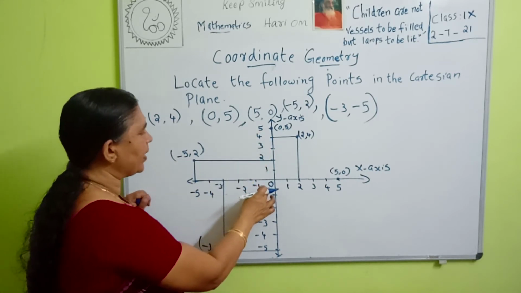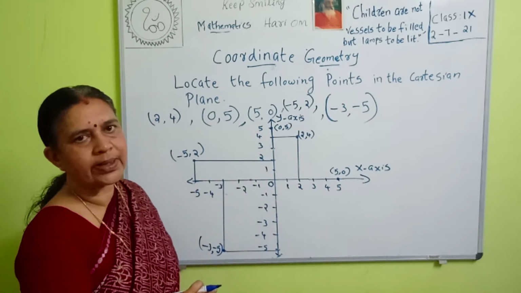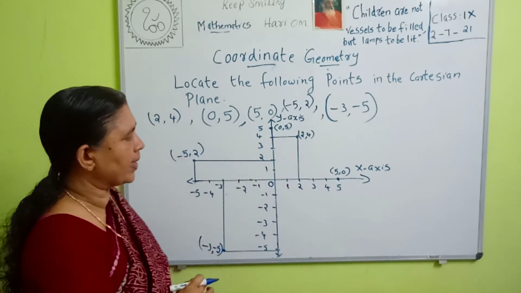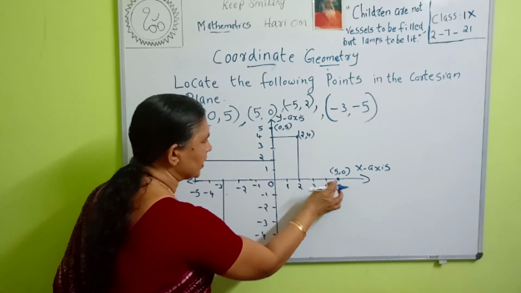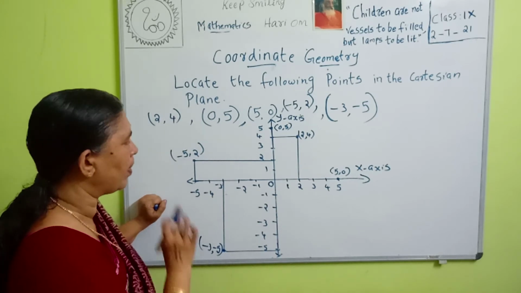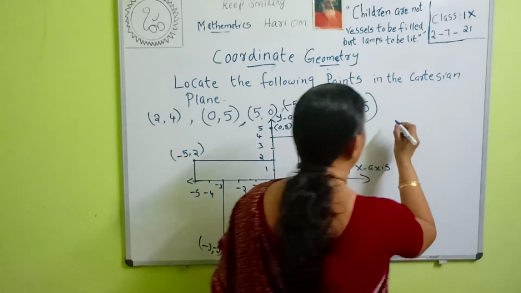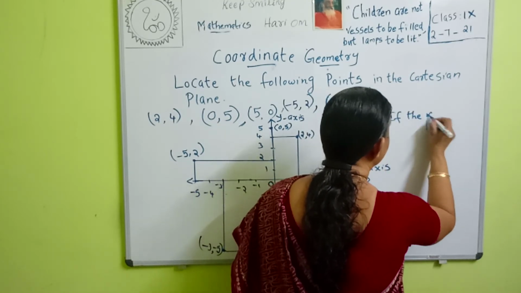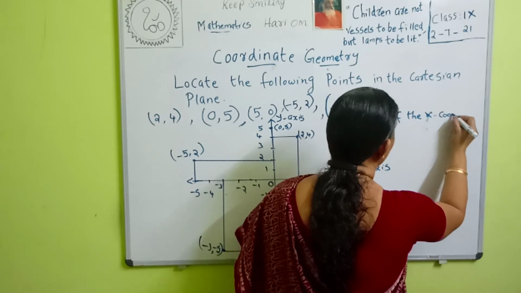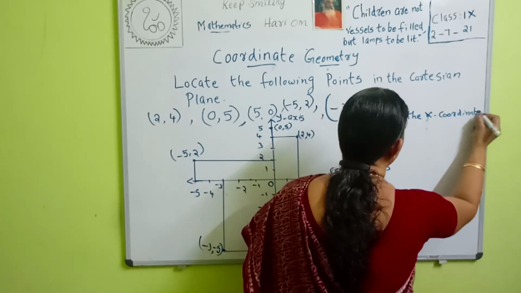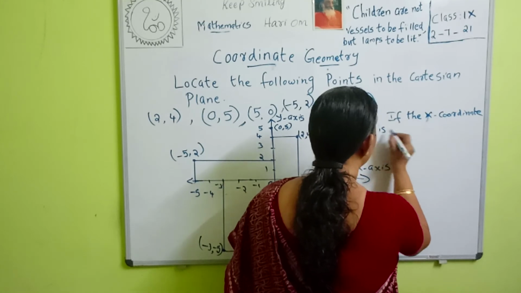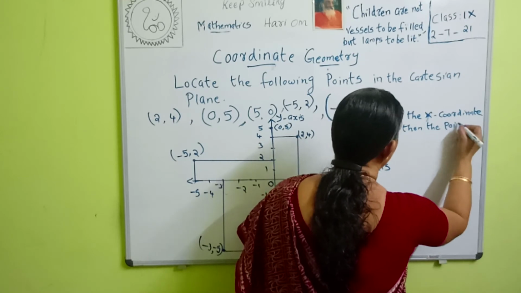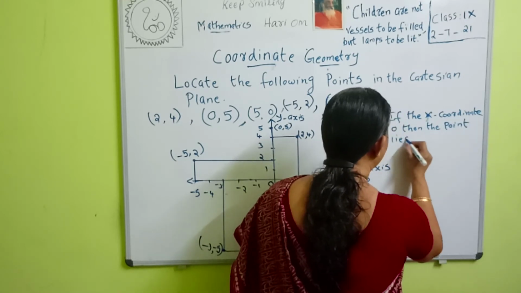So if the x coordinate is 0, the point lies on the y axis. Similarly, if the y coordinate is 0, the point lies on the x axis. You remember it. If the x coordinate is 0, then the point lies on the y axis.